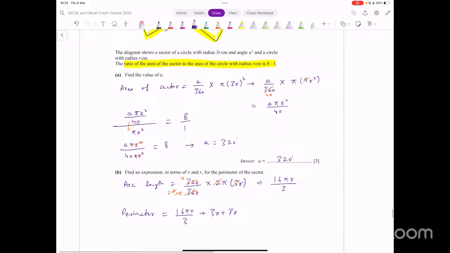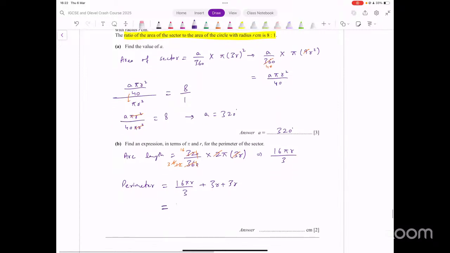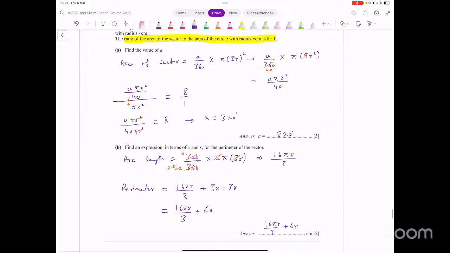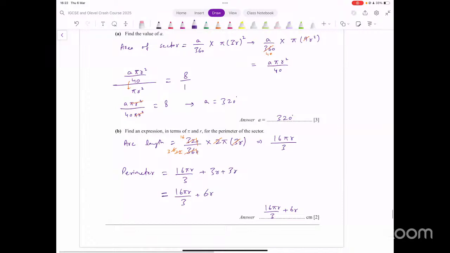What do we get from this? 6r. So this is our final result. 16 pi r divided by 3 plus 6r. And that's what we write here. The perimeter is given by 16 pi r over 3 plus 6r. And that's our final result. That's the perimeter of that sector in terms of pi and r.